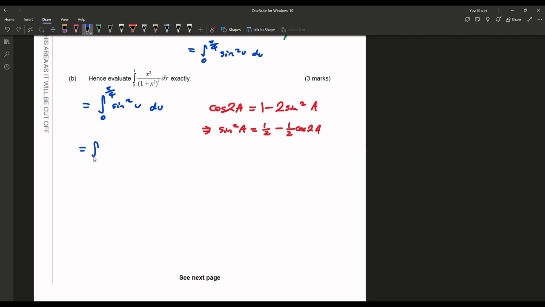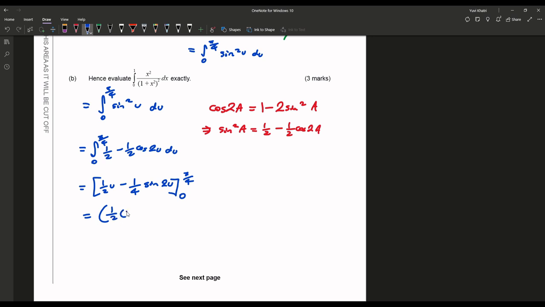So this will be the integral from 0 to pi over 4 of a half take a half cosine of 2u du. Now obviously we can integrate this easily. This will be a half u take 1/4 sine 2u, because when we differentiate this, we should get back to this. That's from 0 to pi over 4, and we'll just sub everything in now.